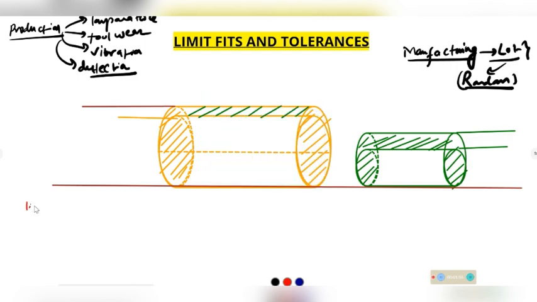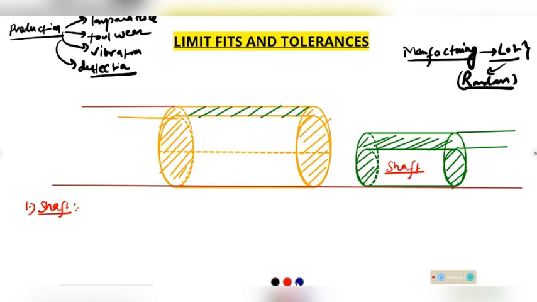The first term is the shaft. Shaft generally represents the diameter, or any external dimension, of a component. So when we write this as a shaft, we are talking about the external dimension. It is not only the diameter of a circular shaft, but represents any external dimension of a component.